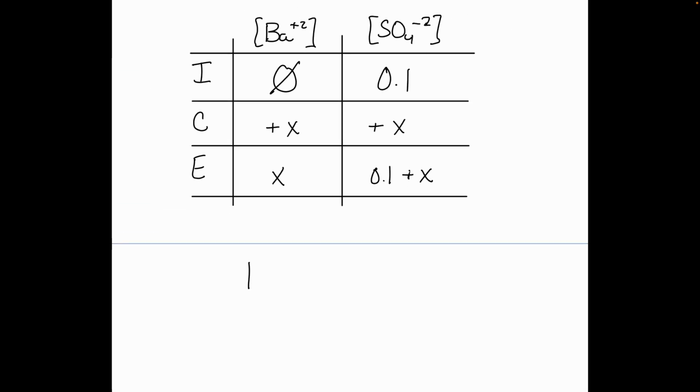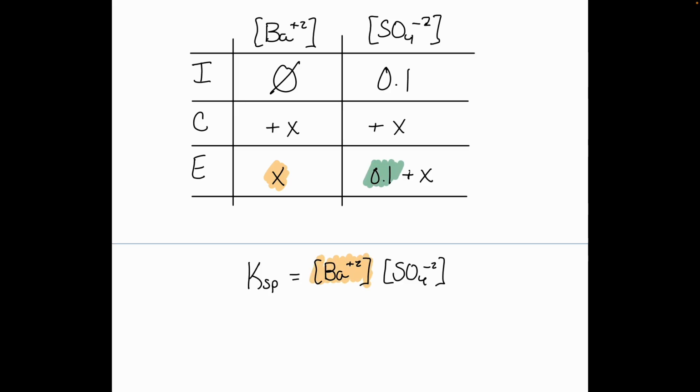All right, we looked this up before, 1.07 times 10 to the negative 10. So just to be clear, KSP is the concentration of barium times the concentration of sulfate. And now I'm going to take my equilibrium box for barium, plug it in here.